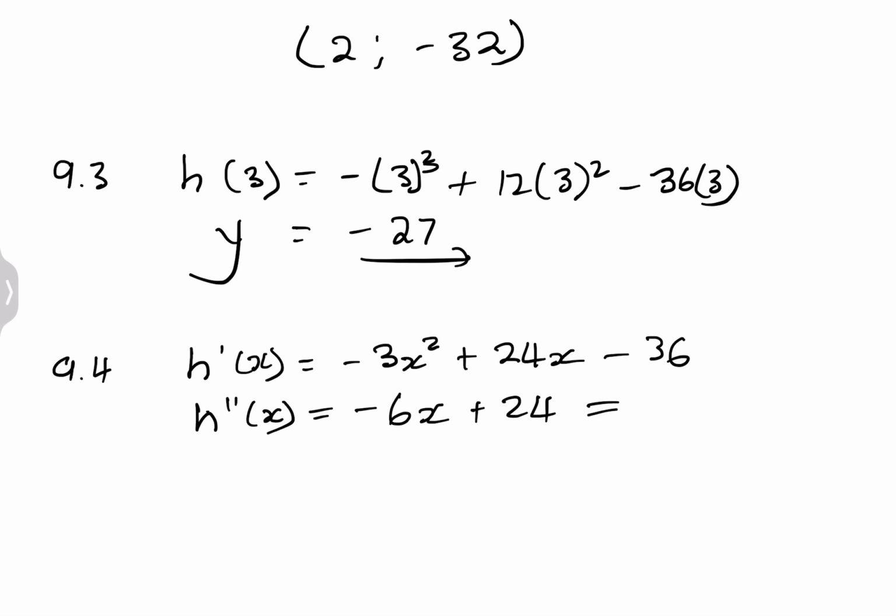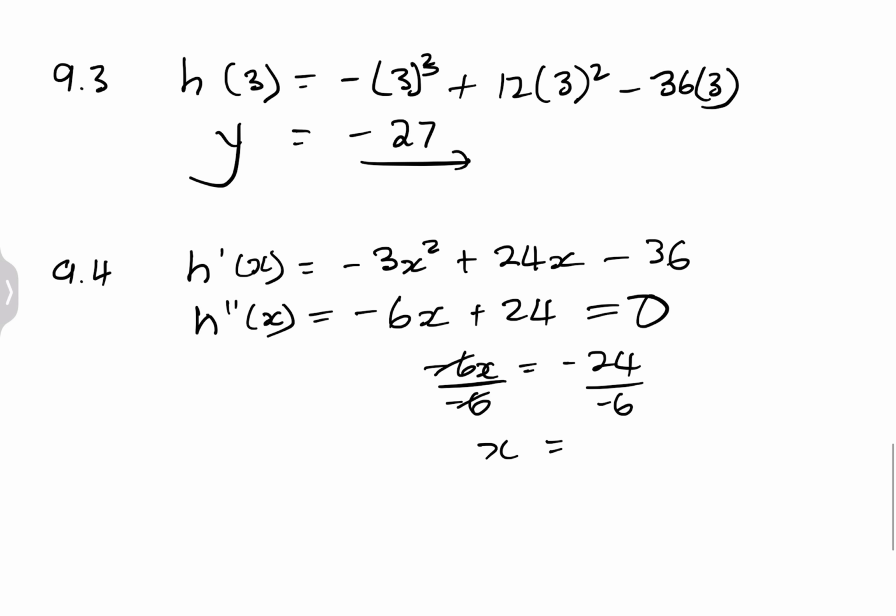We say the double derivative is equal to 0 at the point of inflection. So negative 6x would be equal to negative 24. If I divide both sides by negative 6, I get x is equal to negative 24 divided by negative 6, which gives x is equal to 4, right?